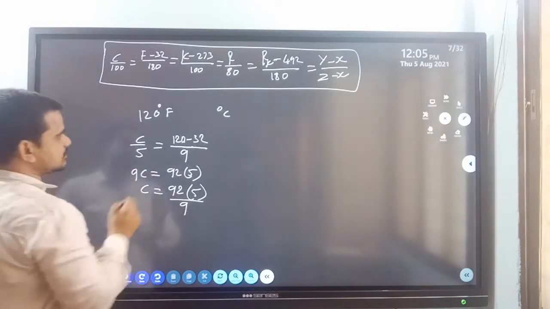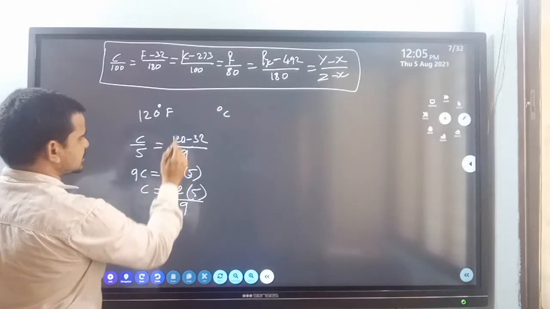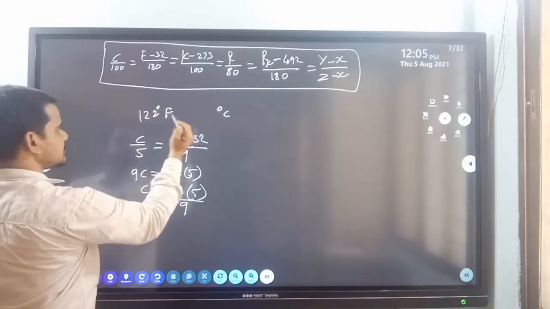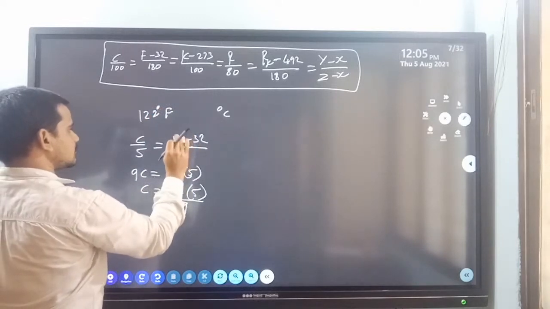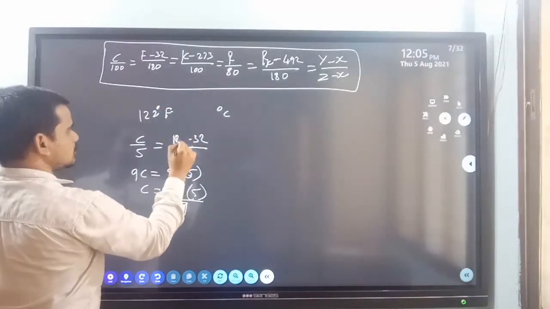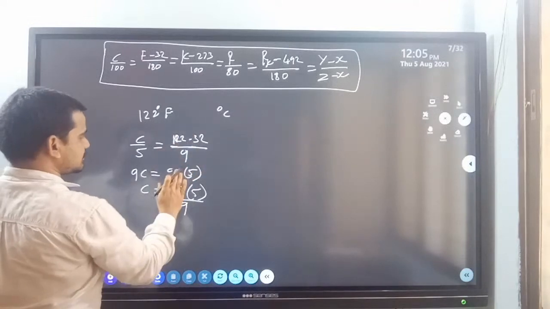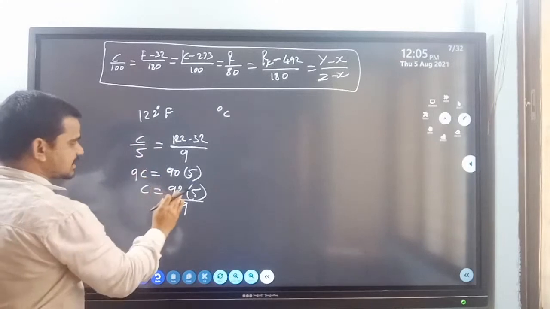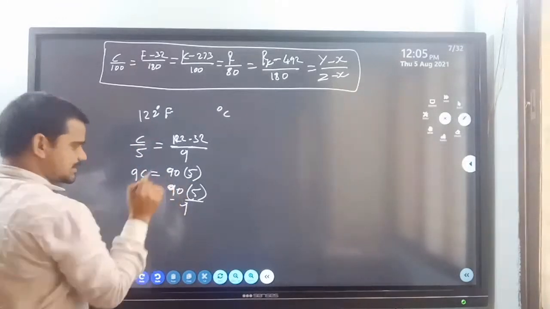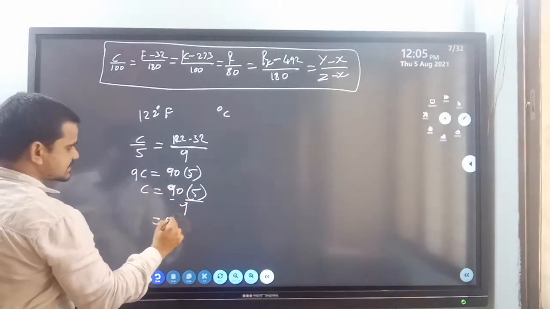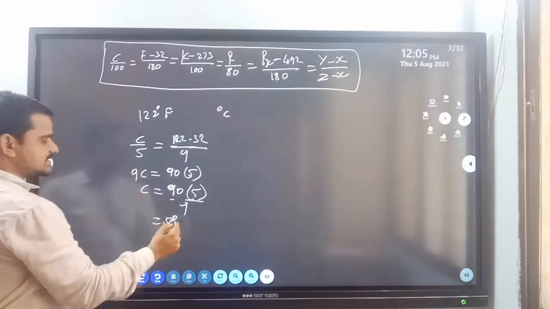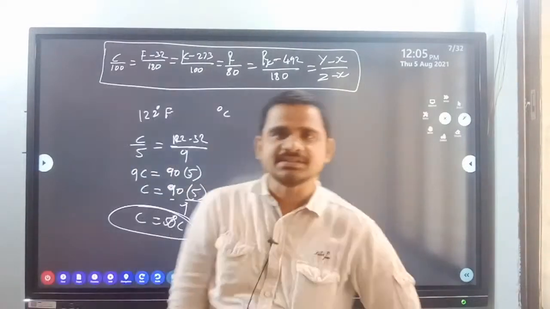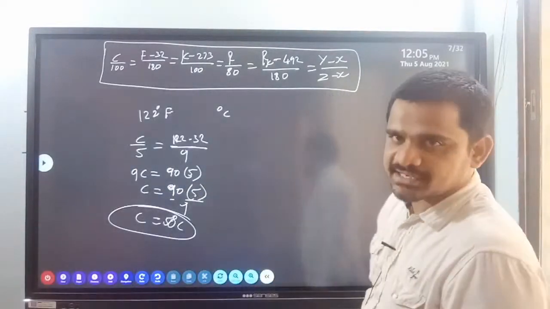Sorry, here it is 122 degrees Fahrenheit, so 122 minus 32 comes to around 90. Easy calculation only we are getting here. So it goes around 50 degrees Celsius. C is 50 degrees Celsius. See how much I got here, 50 degrees Celsius, right?